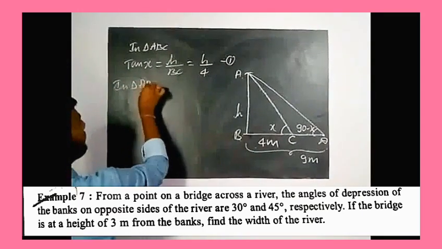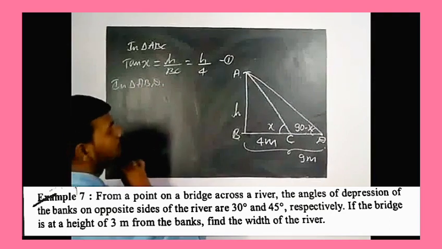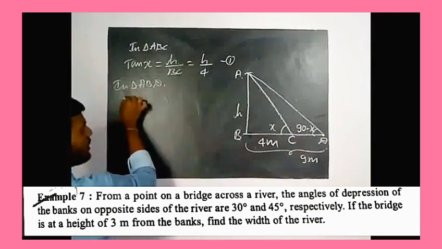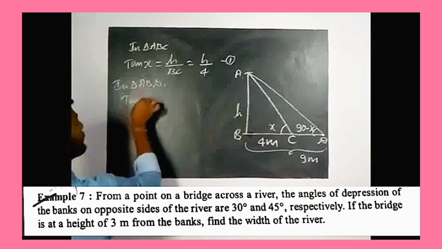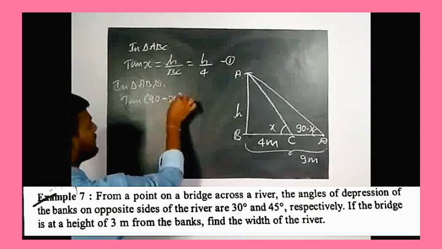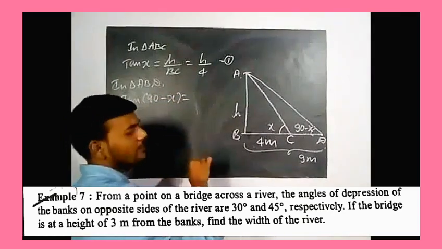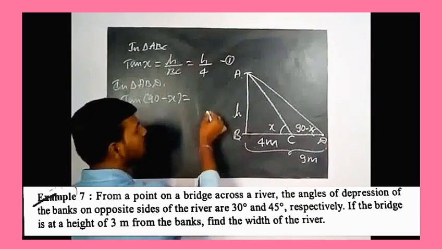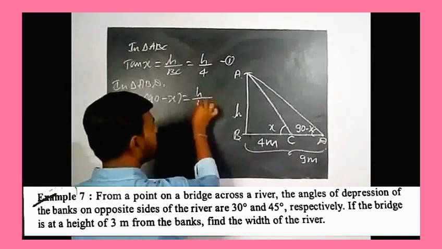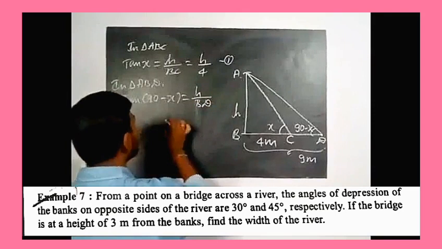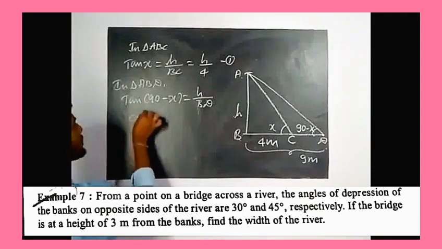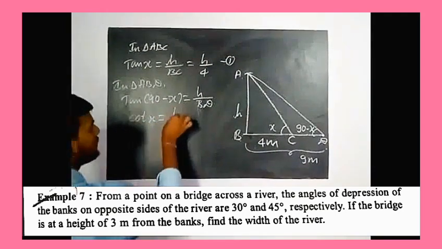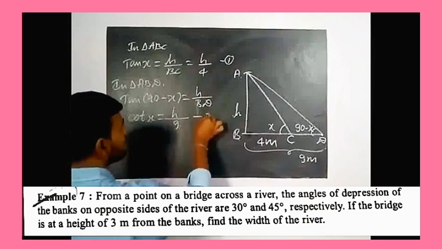And in triangle ABD, we can also apply tan. So tan 90 minus x is equal to h by BD. Tan 90 minus x is cot x, which is equal to h by BD, which is 9. This is equation 2.